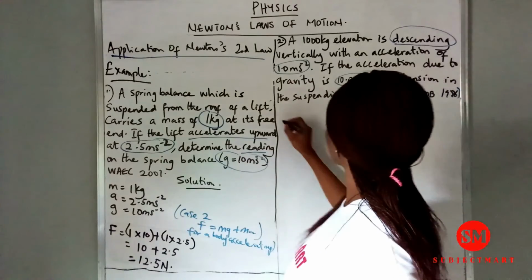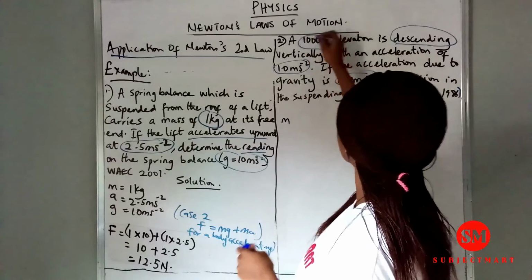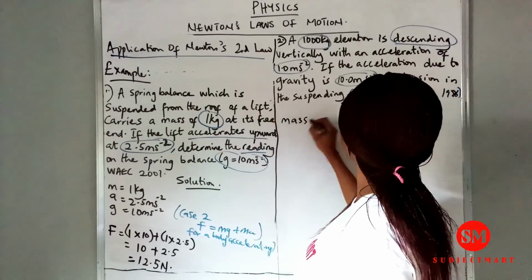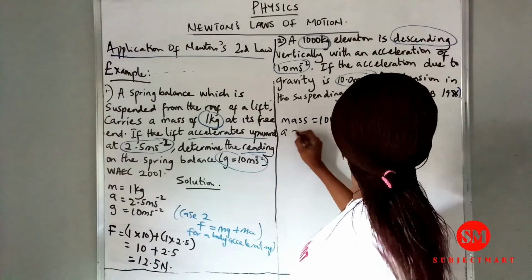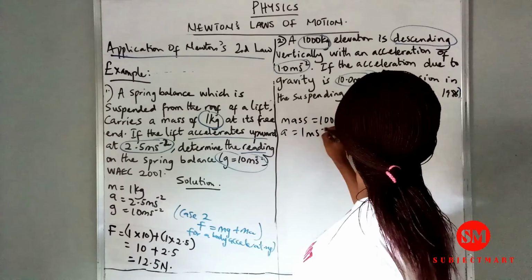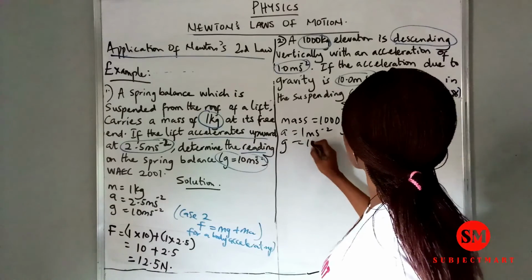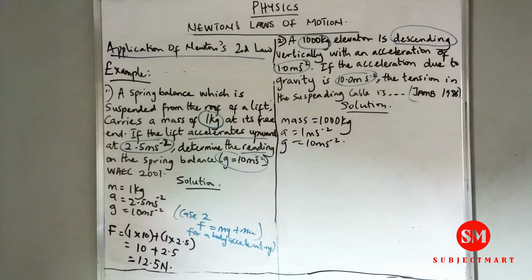So we have the mass, which is 1000 kilogram. Acceleration is 1 meter per second squared. Our g here is 10 meters per second squared. Don't forget, they said it's descending.